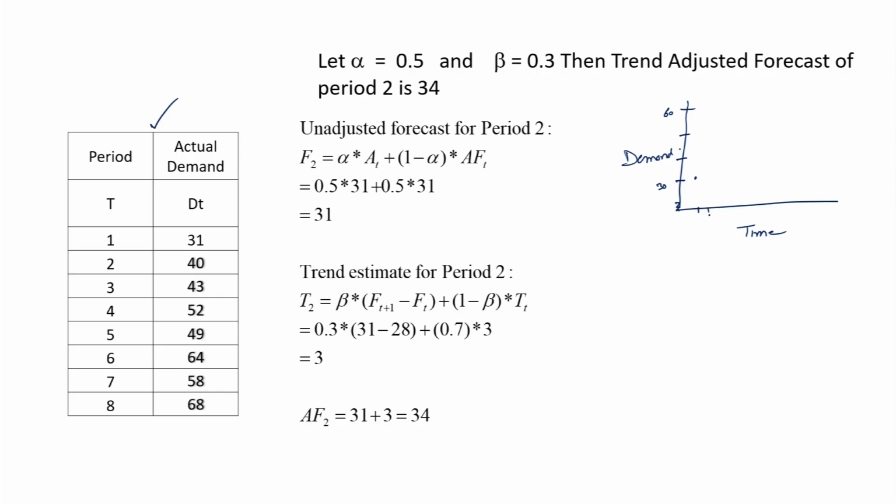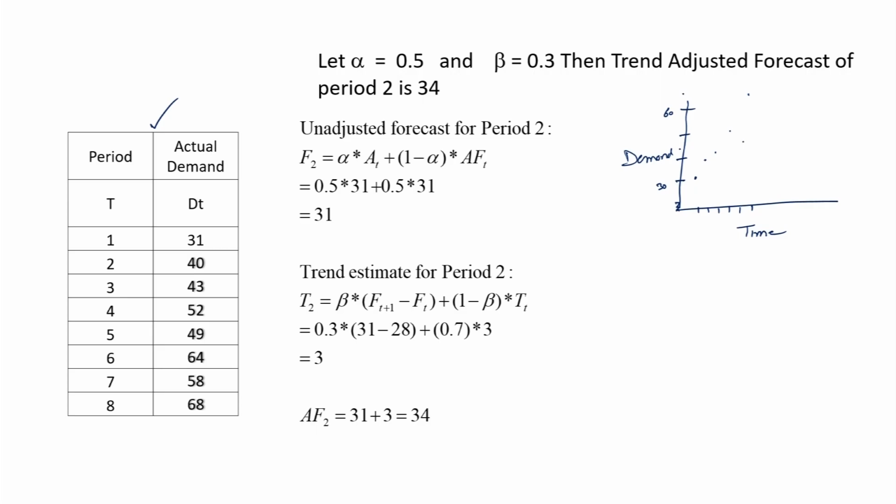Period 2 the demand is 40, something like this. Period 3 the demand is 43, period 4 demand is 52, period 5 demand is 49, it can go down also, and then 64 somewhere here.